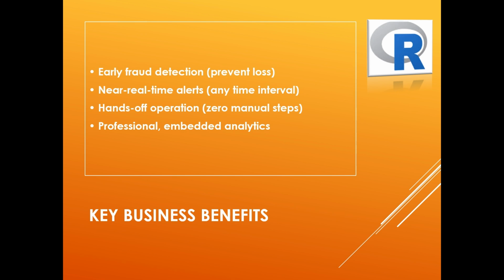For demonstration purposes, I have shown every 2 minutes. Every 2 minutes the alert will fire, but duplicate alerts will not fire. This is a totally hands-off operation, fully automated R script automation. This is very professional, embedded analytics. We can see further on the production part.